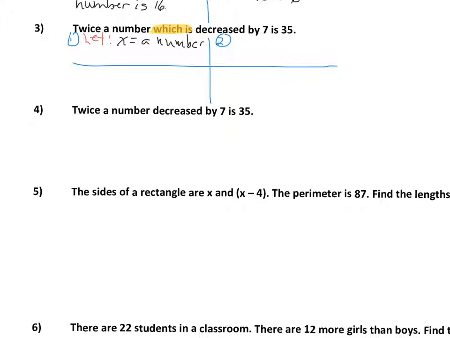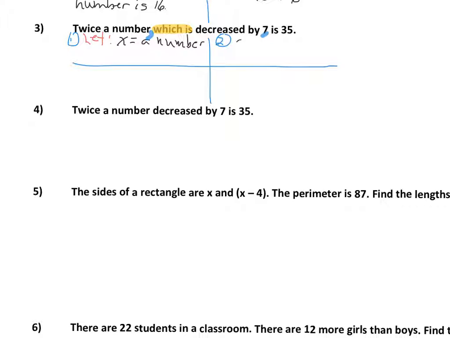If you want to think about it, there should be parentheses or commas right there. So what's being decreased by 7? Is it twice the number that's being decreased by 7, or is it just the number being decreased by 7? In number 3, it's just the number that's being decreased by 7. And then you're going to take twice of that. So it looks like this.